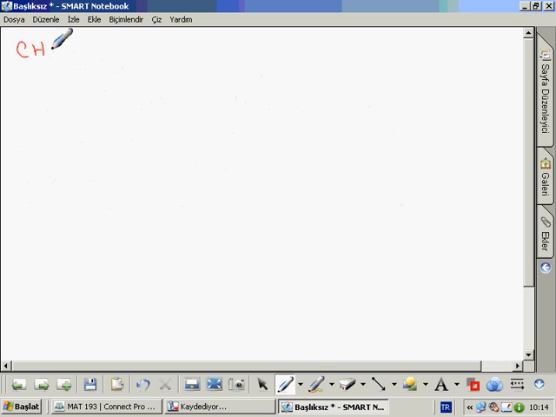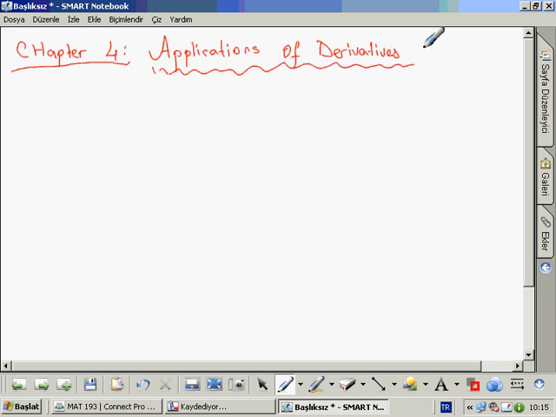Chapter 4, applications of derivatives, and the subchapter, applications of rates of change.